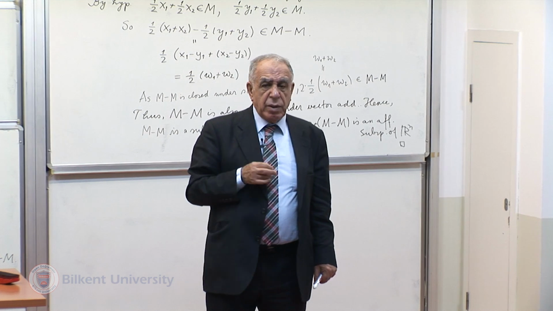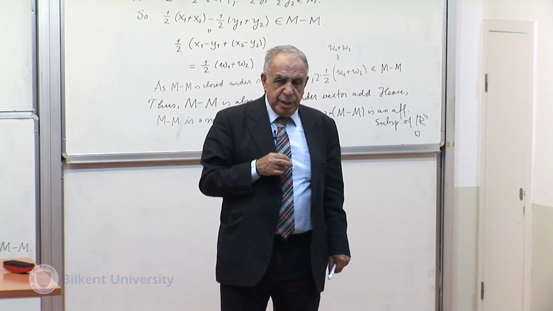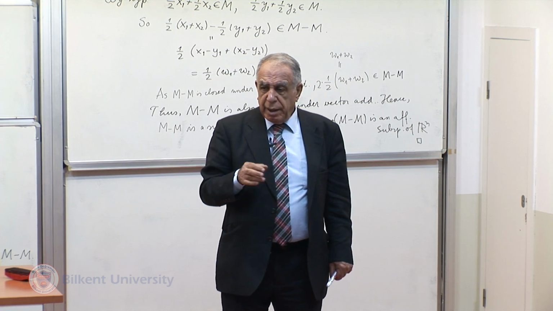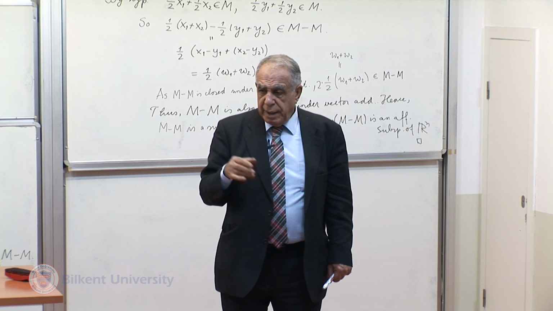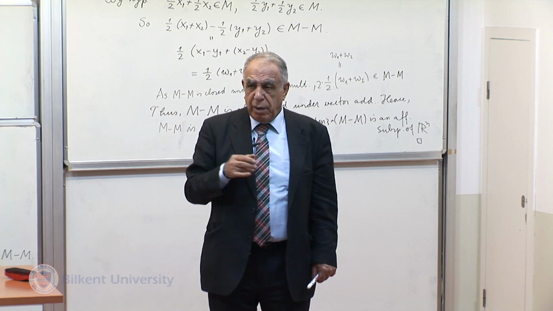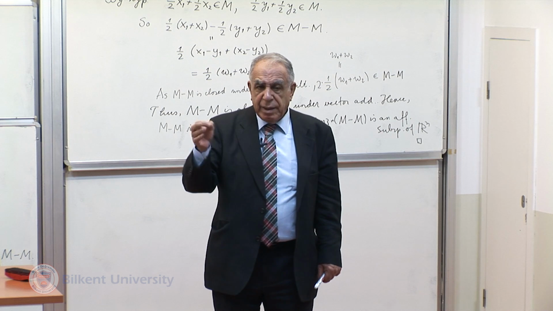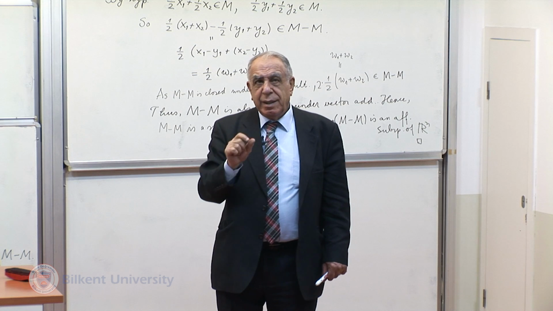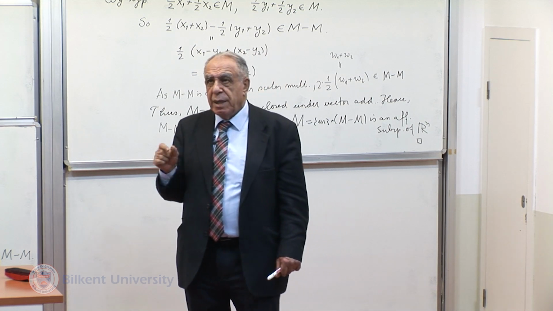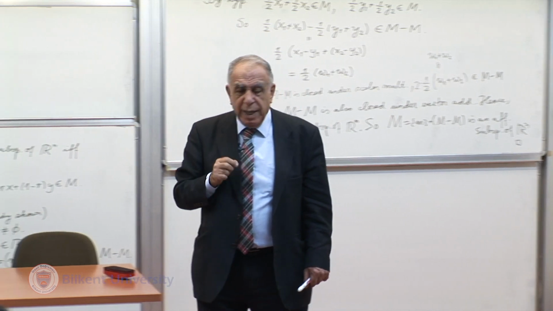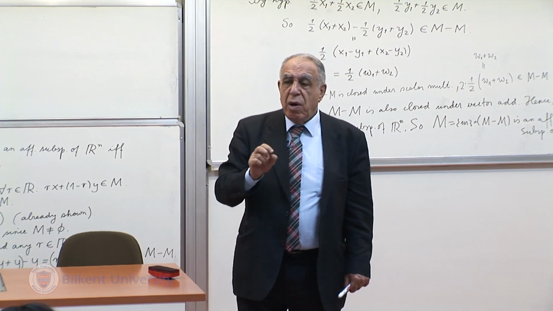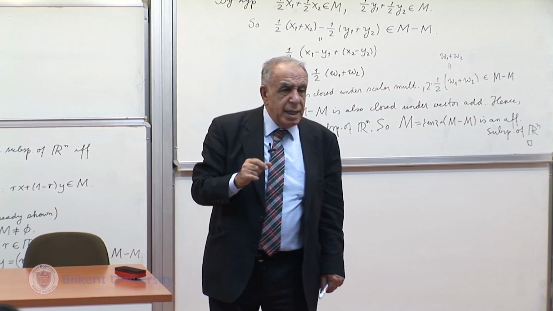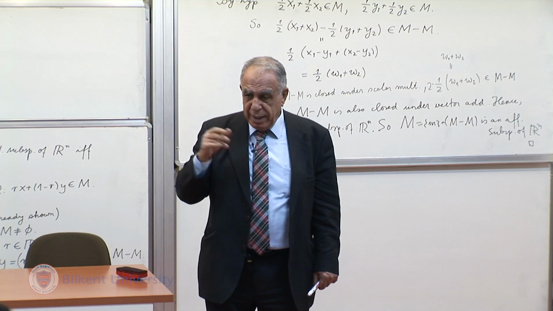Now, when we had closed sets, by definition of a topology, the intersection of any non-empty collection of closed sets was closed. We took advantage of that in showing that, given any set A in any topological space, there is a smallest closed set which contains that.